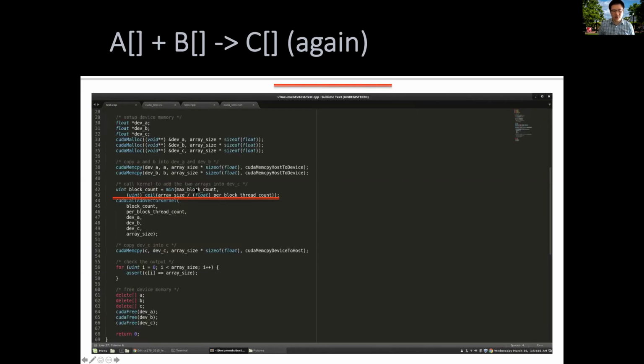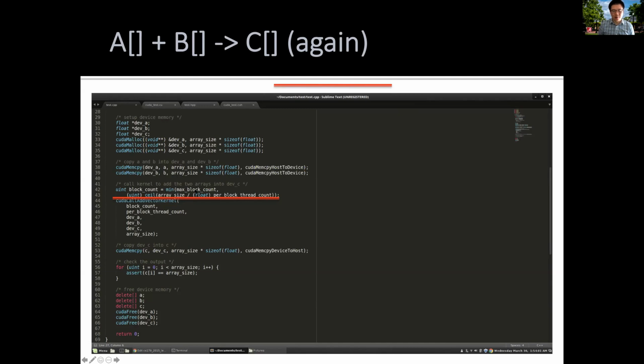So here, I just use the min function to compare the maximum block number with the array size divided by the threads per block, which gives you some block number. Previously, we just used this number for the number of blocks, right? But now, with the problem I just mentioned, if you have a very large number of elements per array, you need to deal with this extreme case. So you use the minimum, the smaller value, as the block count.